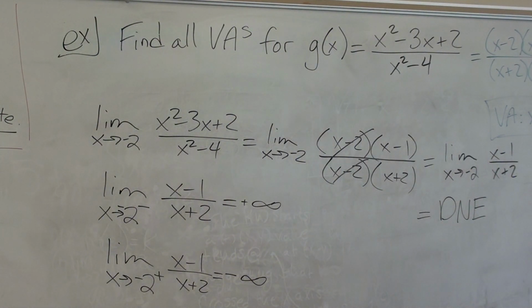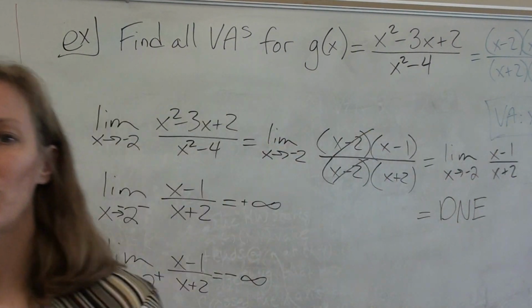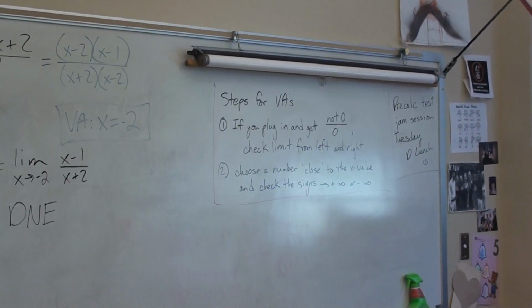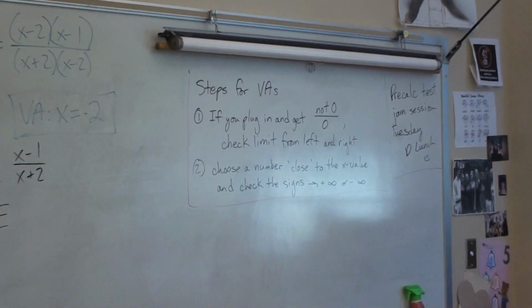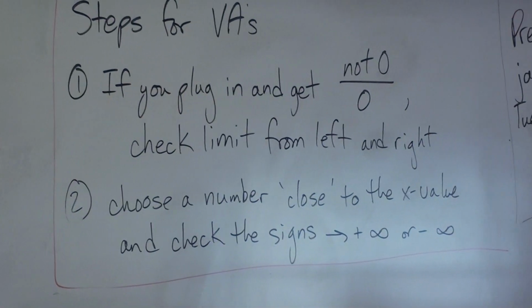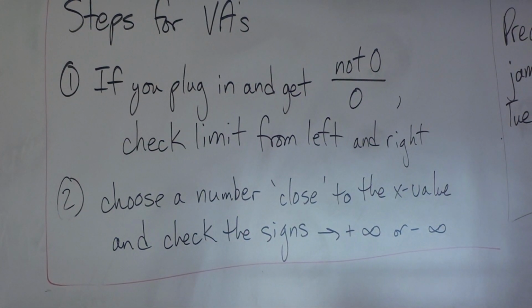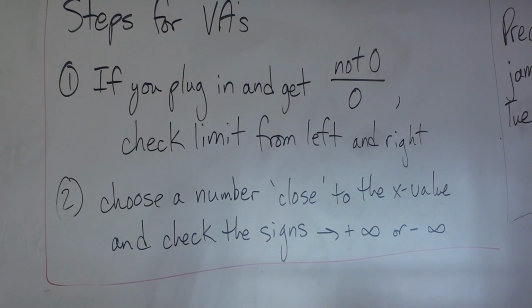So let me give you an example. Oh, first steps. Okay, so steps for vertical asymptotes. This is only for vertical asymptotes.